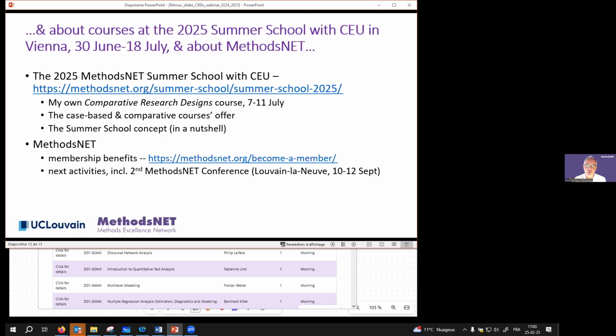Now, in order to join these communities, well, you need to become a member of MethodsNet, and you can see all the information on the page. The cost is very symbolic if you're a student. It's maximum 49 euros per year, or less, depending on where you are based. And it's also very accessible for post-students, let's say postdocs or professionals or scholars.